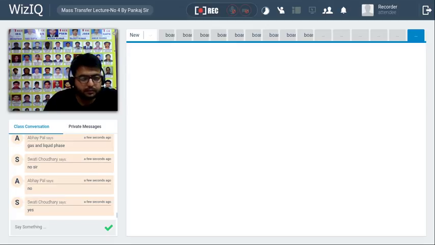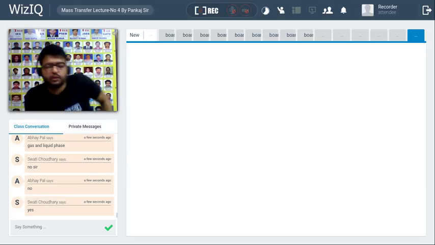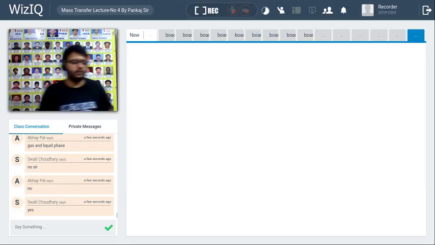Humid volume. It is the volume of 1 meter cube of humid air. Humid air means it contains air as well as the water vapor.